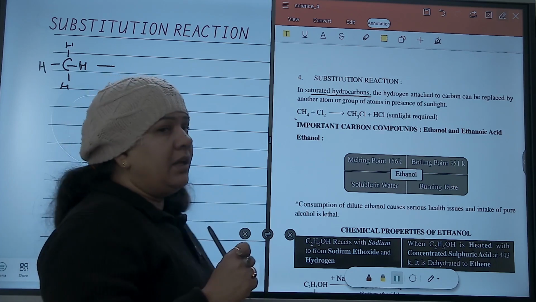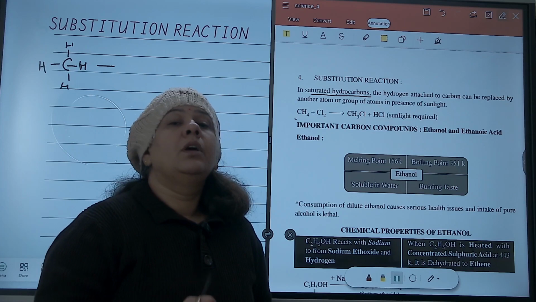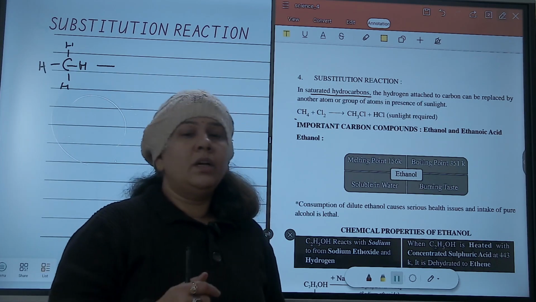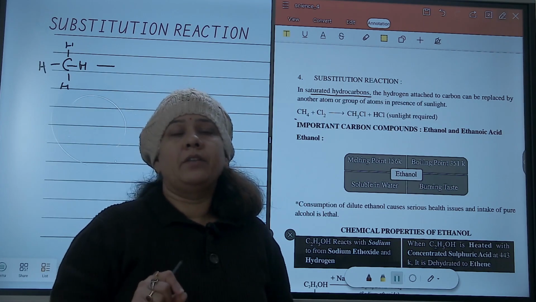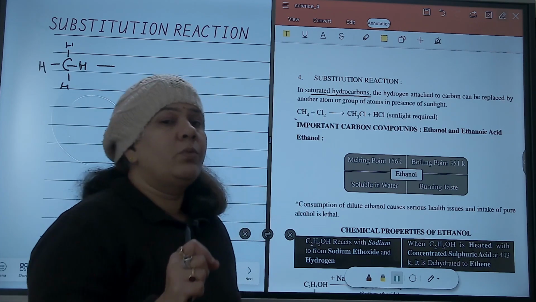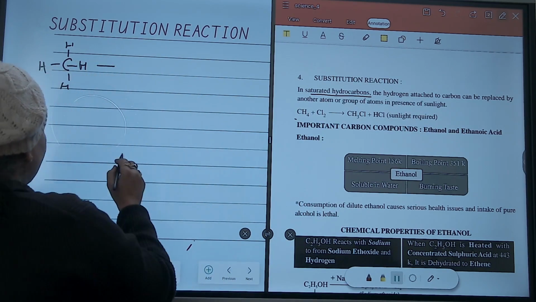The main thing is that under stress, when you are working during your paper or test, how to recall the reaction. That is the key thing you must practice while preparing the chapter.